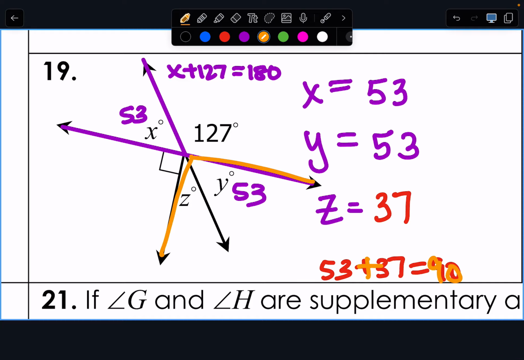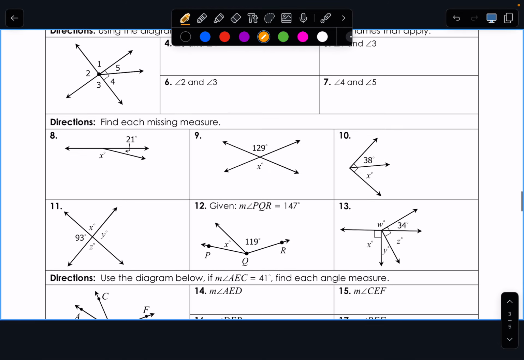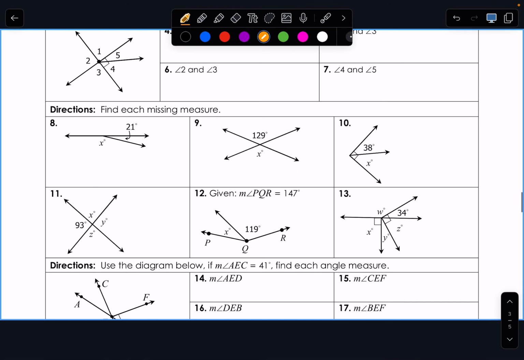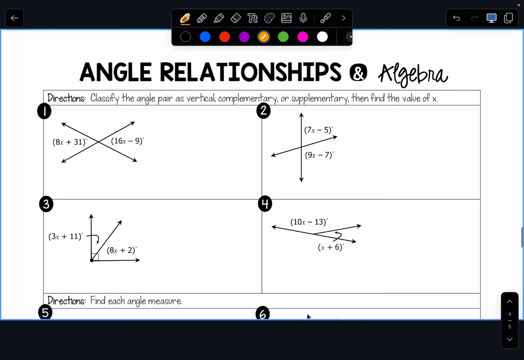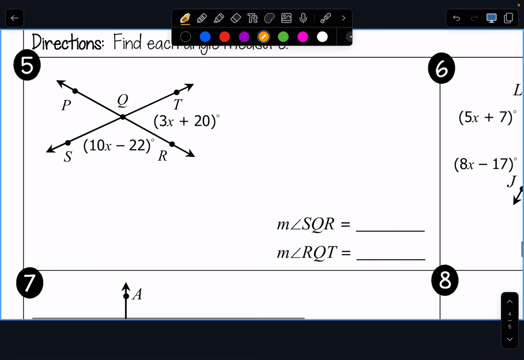All right. So, okay, skip page 10 and go to page 11. Okay. On page 11, I want you to look at number 5. We're going to do number 5 together. Is that okay?